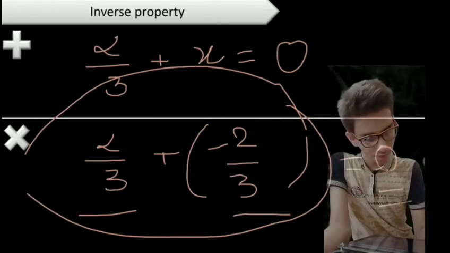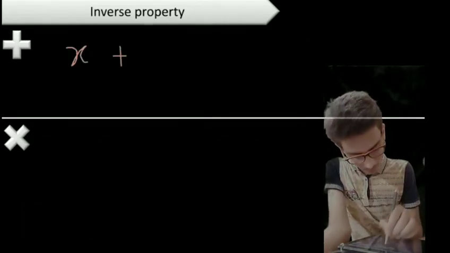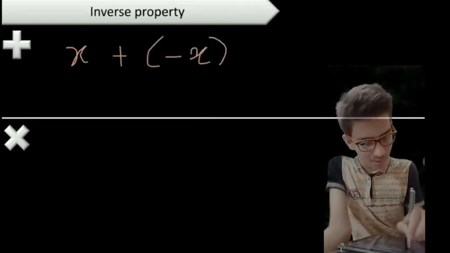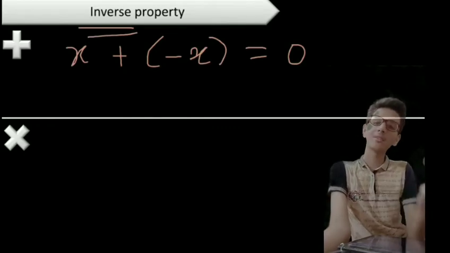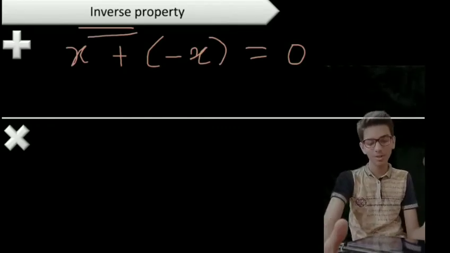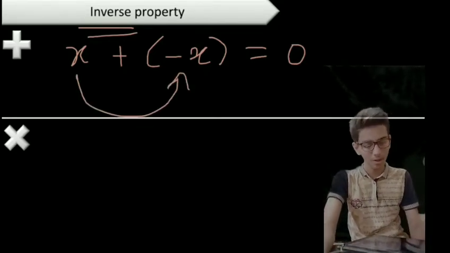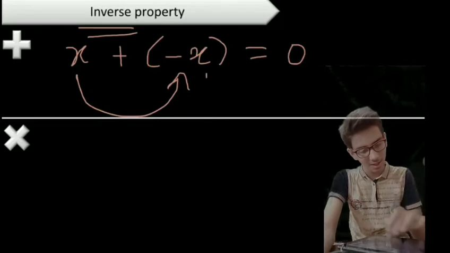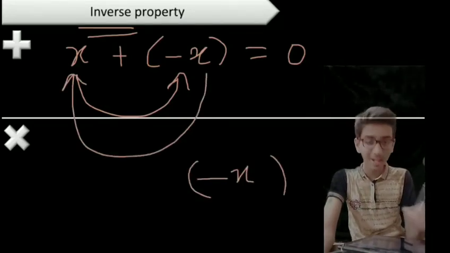So what happened? I will say this, that x plus minus x is equal to 0. So what is the additive inverse of any number? Negative of that number. Additive inverse of x is minus x. Additive inverse of minus x is x. You are going to find the negative of minus x.